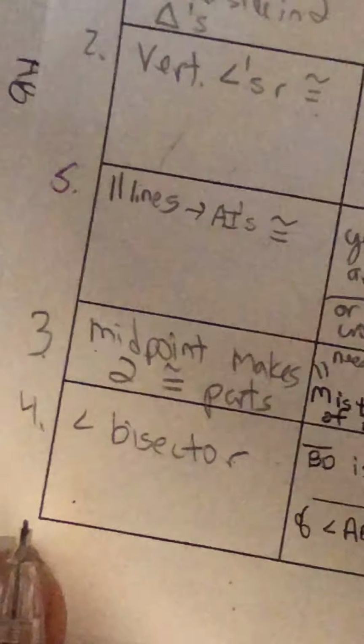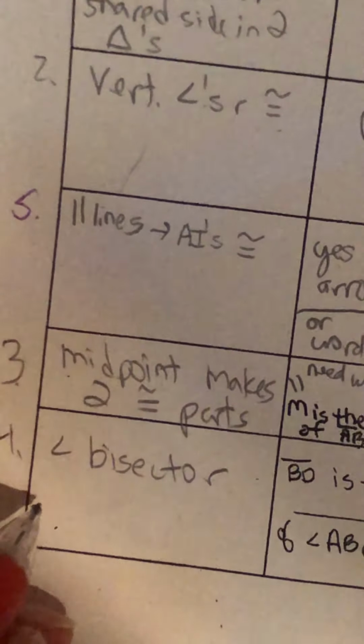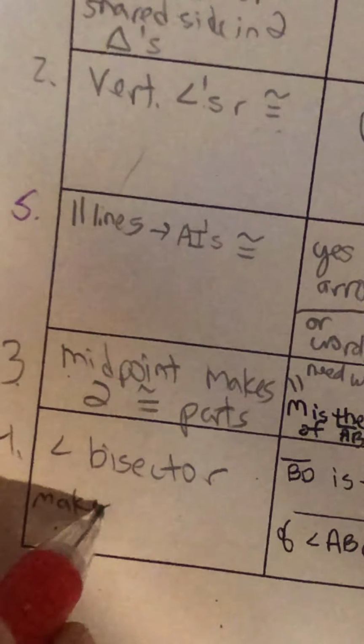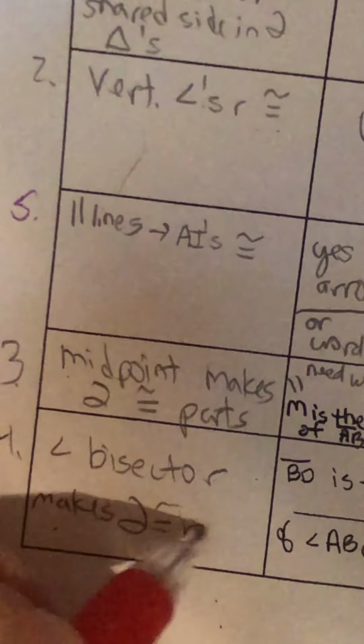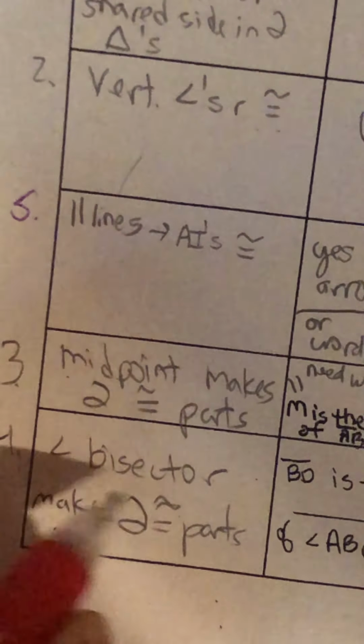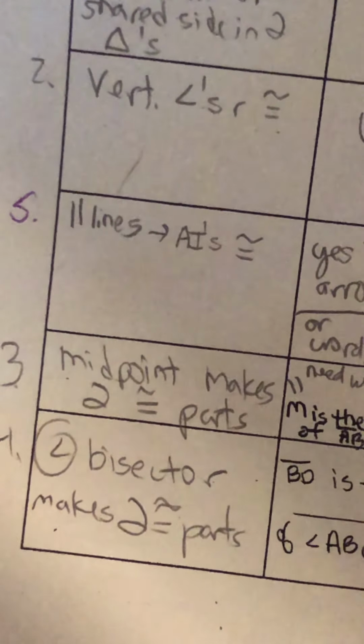And the last thing is the angle bisector. That divides also two congruent parts, but this time it divides the angle into two congruent parts.